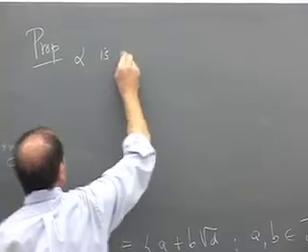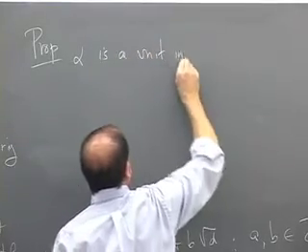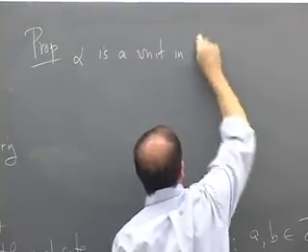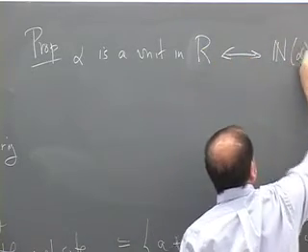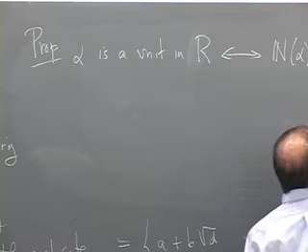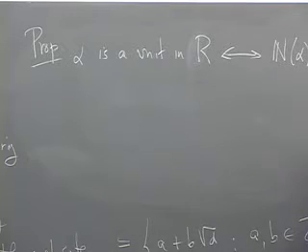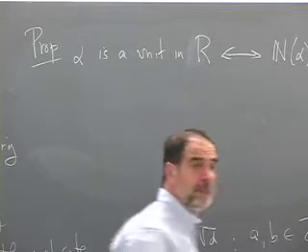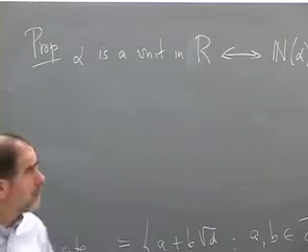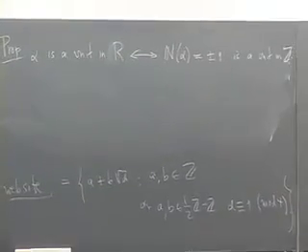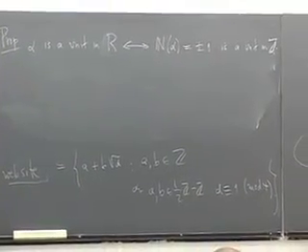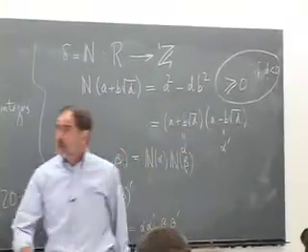Alpha is a unit in the ring R if and only if the norm of alpha, which is plus or minus 1, is a unit in Z. Okay? So you can test whether this thing is invertible in the ring by calculating this integer and seeing whether it's invertible in the integers. Proof.